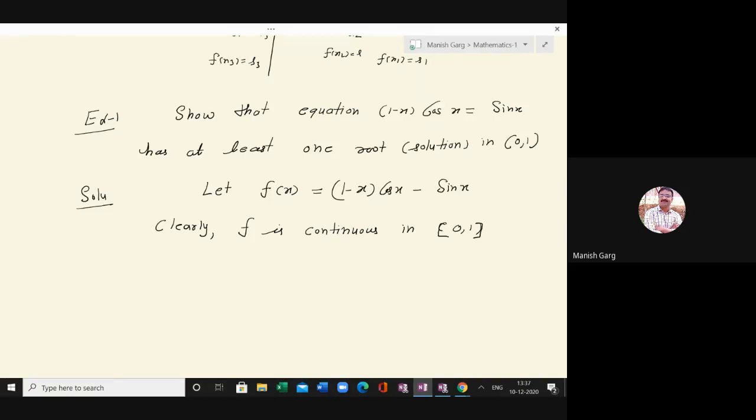Now let us see what is coming for f(0). f(0) is 1, which is positive.